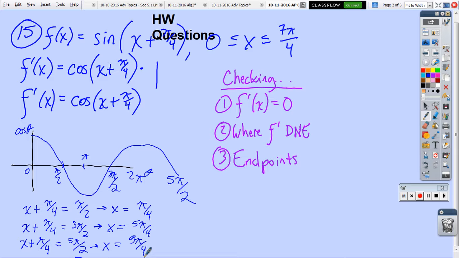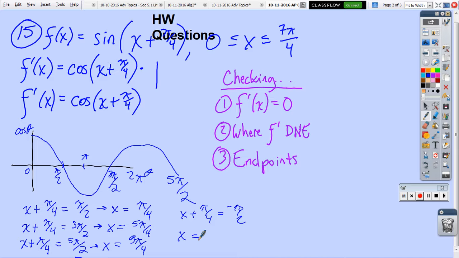The only other one to consider that maybe I didn't consider, because this shifts to the left, would be on the left side of it. Negative pi over 2, but I don't think it's going to work. If I said x plus pi over 4 is equal to negative pi over 2, then x is equal to, if I subtract pi over 4, even more negative.